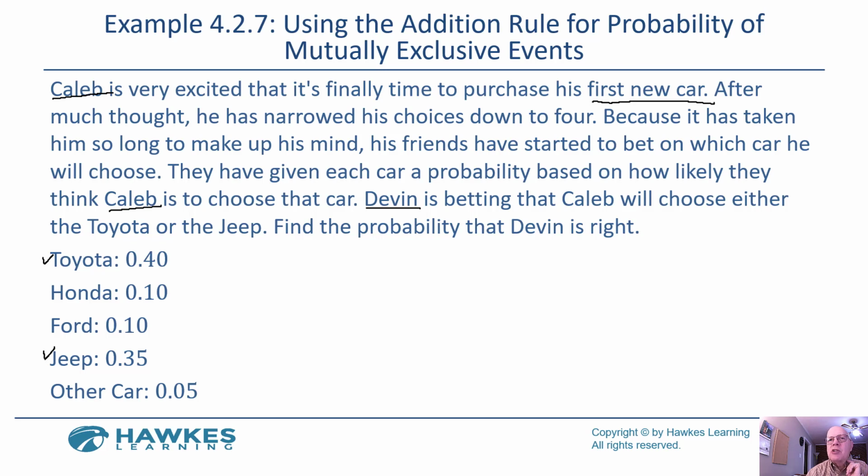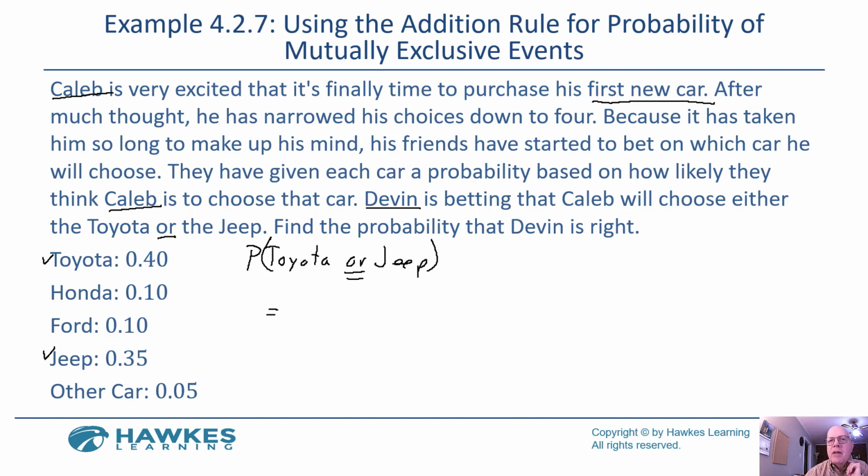So it says Toyota or the Jeep. So what you want is the probability of Toyota or the Jeep. Since it's OR, we use the addition rule.